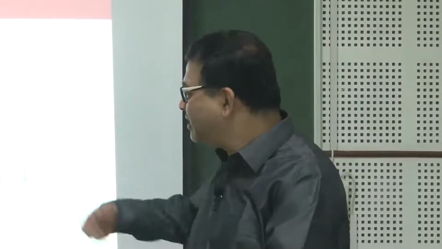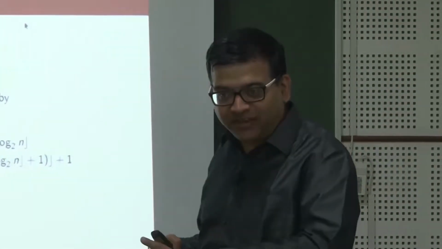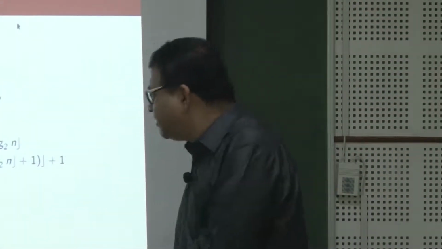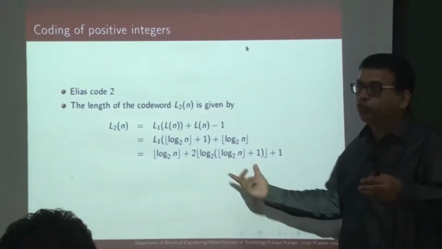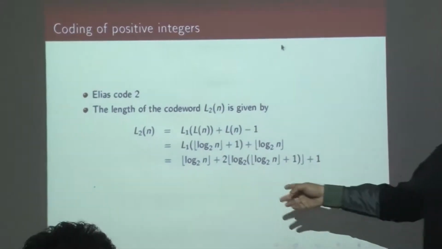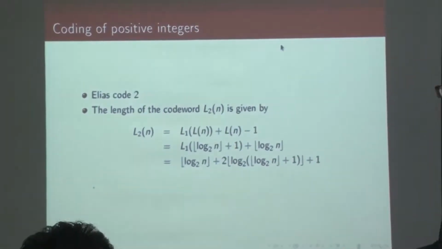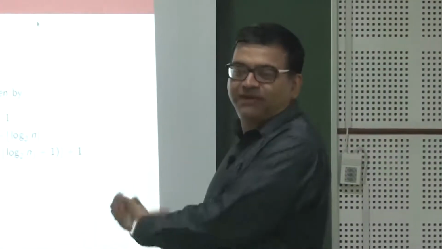If I repeat this process for large n, I will get that. So, this code is nice in the sense it is prefix free, but depending on which code you use to signal the initial length, you will get similarly smaller terms. So, you are getting closer to the binary representation, which is log n plus 1.